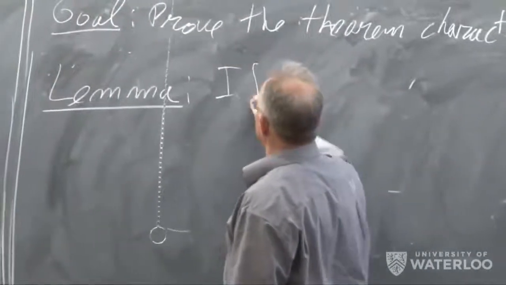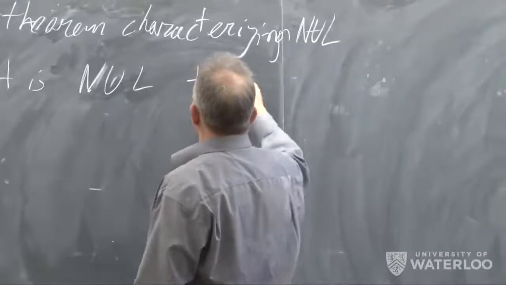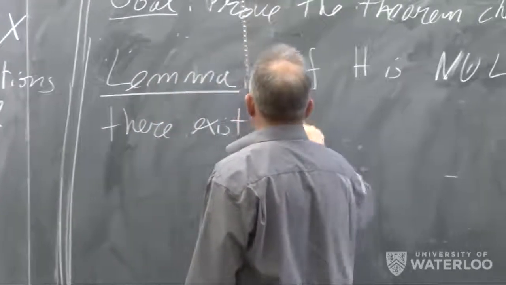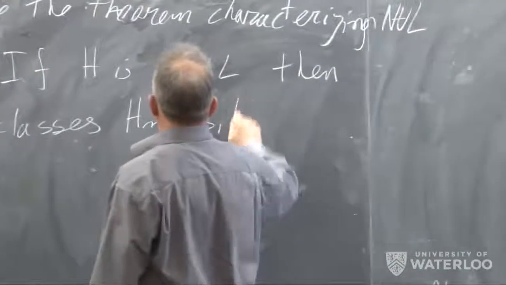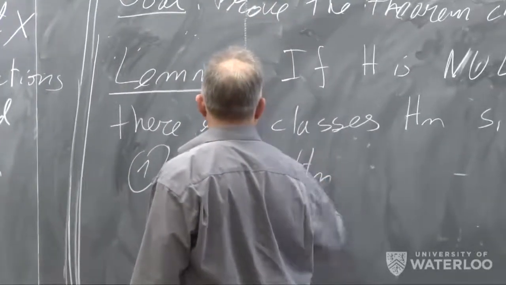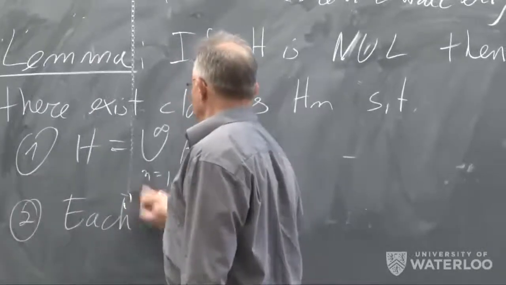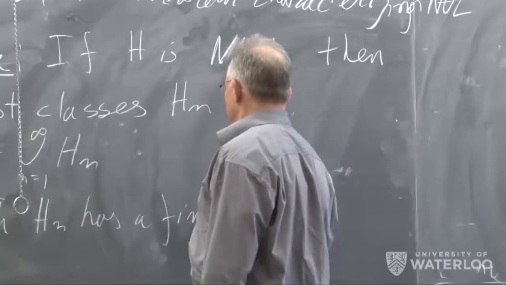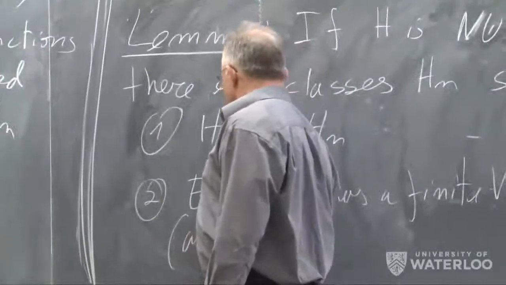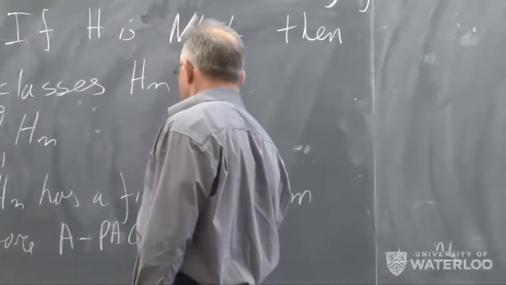If H is non-uniformly learnable, then there exist classes Hn satisfying these two conditions, such that one, H is the union of the Hns, and two, each Hn has a finite VC dimension, and therefore is agnostic PAC learnable.